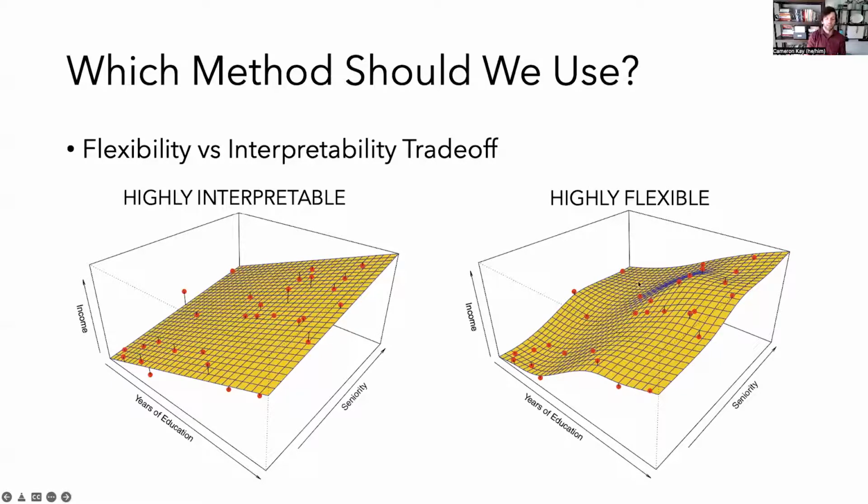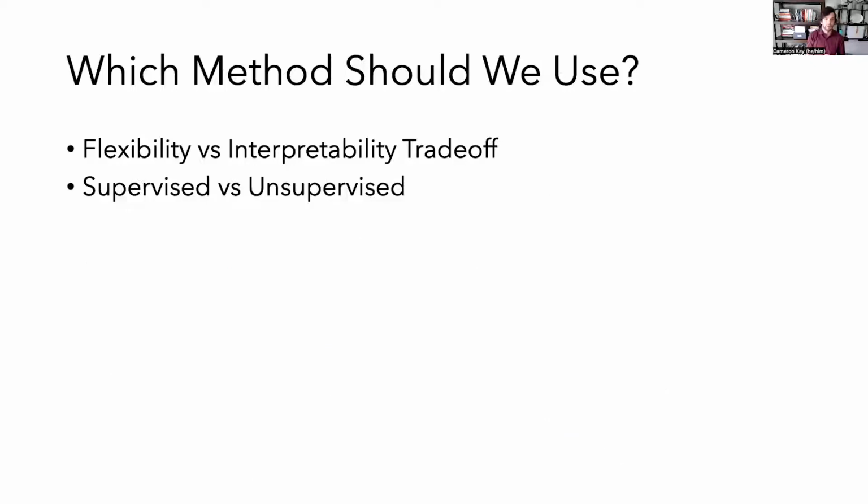It's generating really good predictions, but it's going to be much harder to explain what exactly is going on in this model, right? Trying to describe what is going on right here, this little bump right here, is going to be hard. It's going to be less interpretable. So that's one thing to take into account, the flexibility versus interpretability of a model.